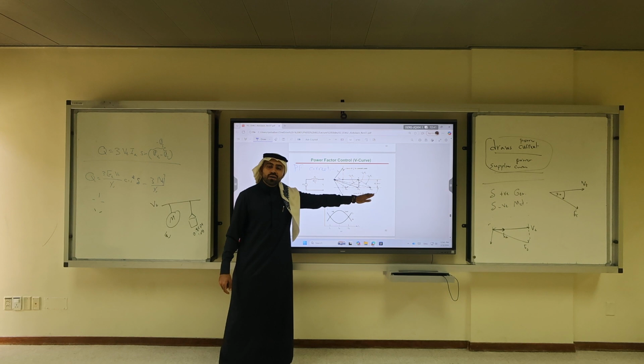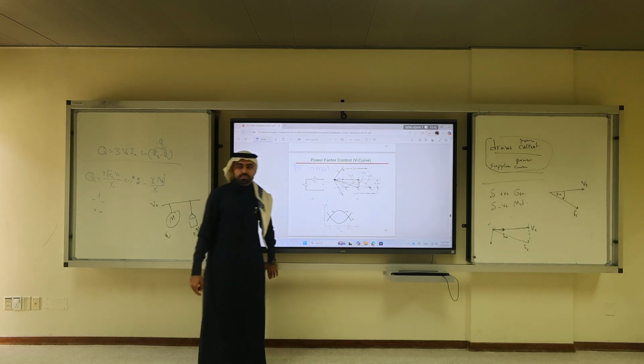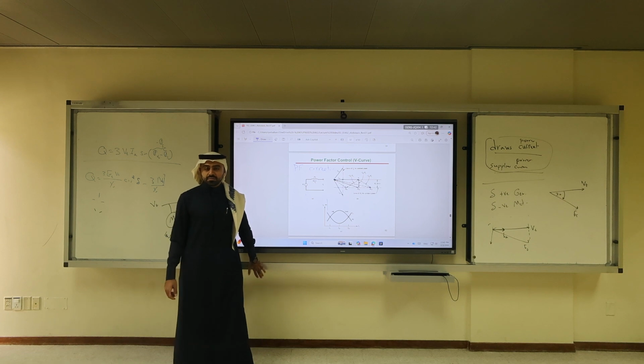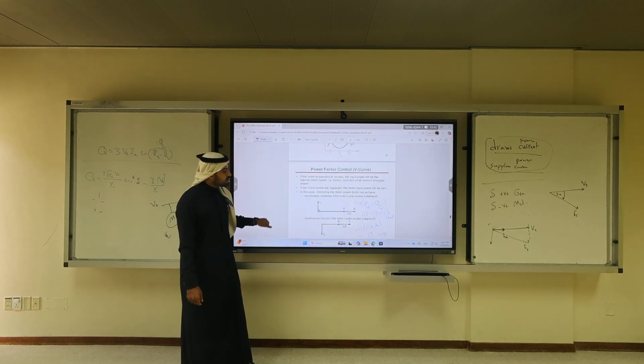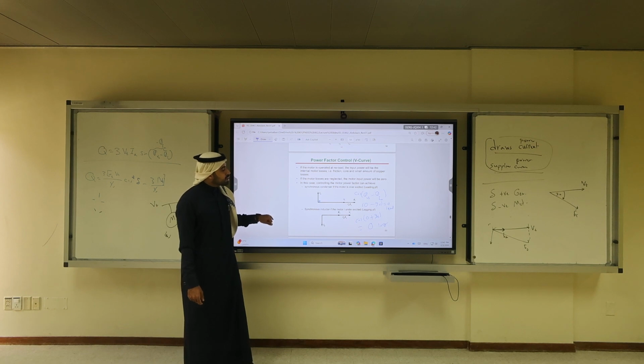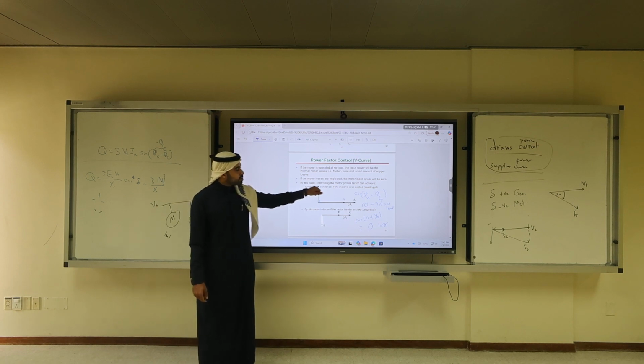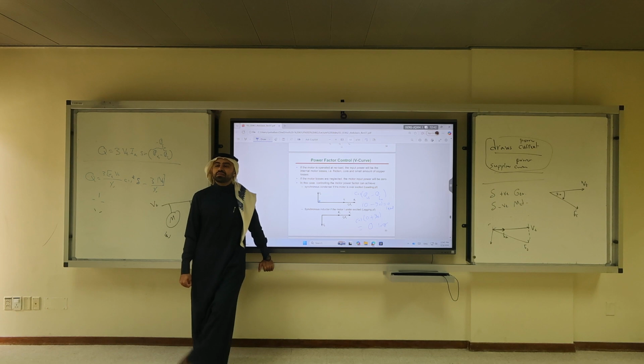No. You have to change the field excitation, the field current. Thus, if I ask a question in the exam, an engineer claimed that he designed a synchronous condenser using a permanent magnet synchronous motor. Is this engineer honest or a liar? He's a liar.